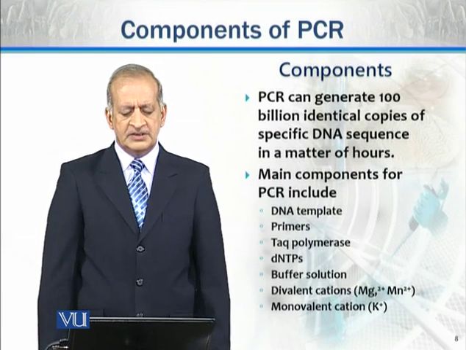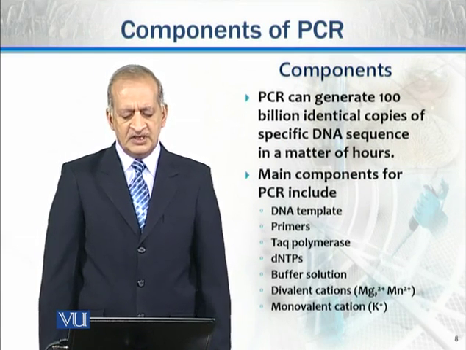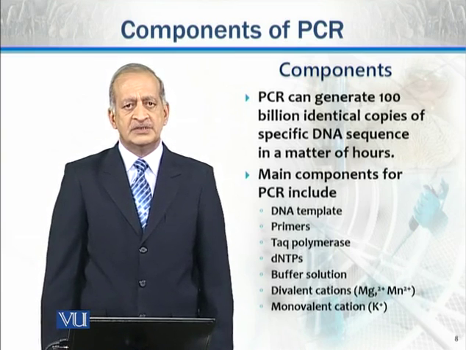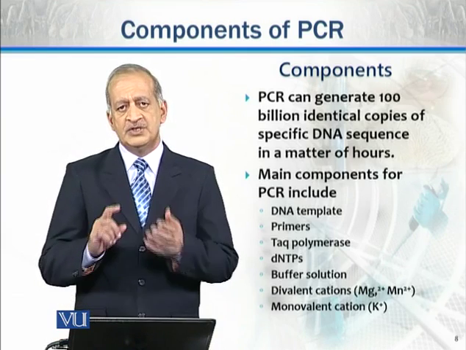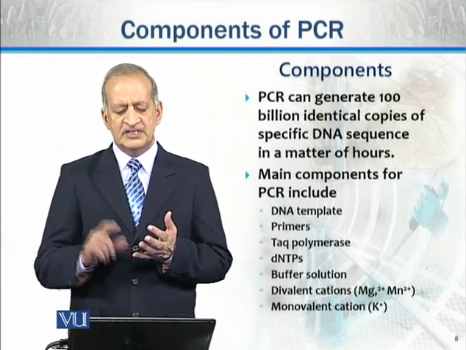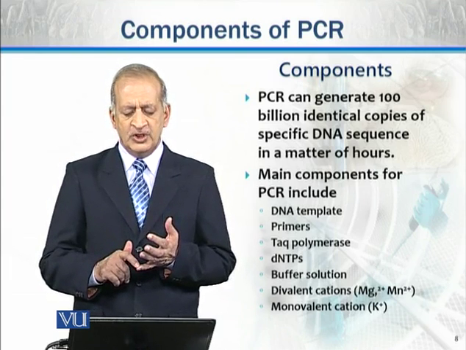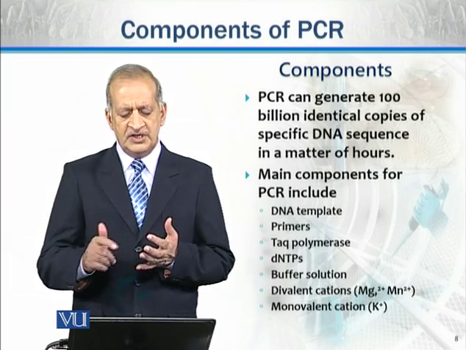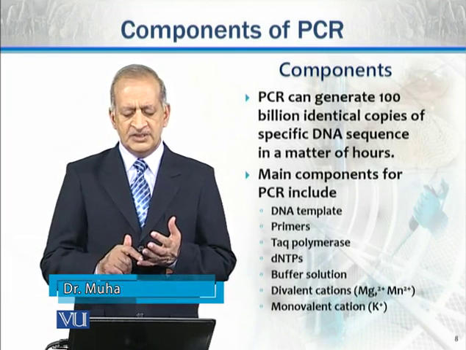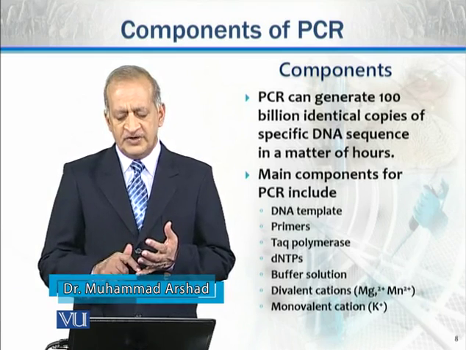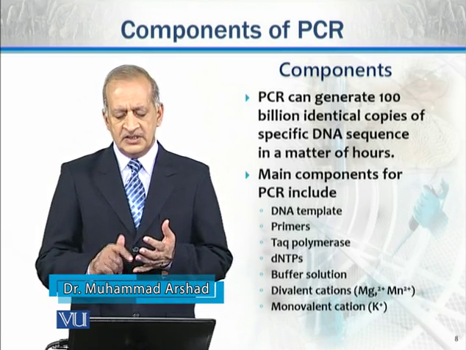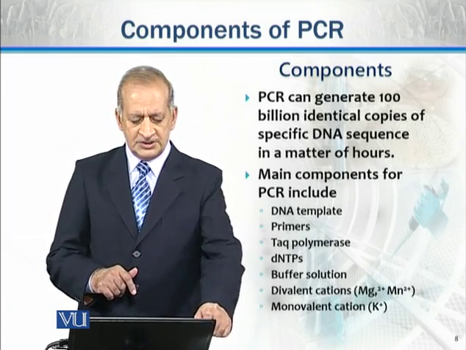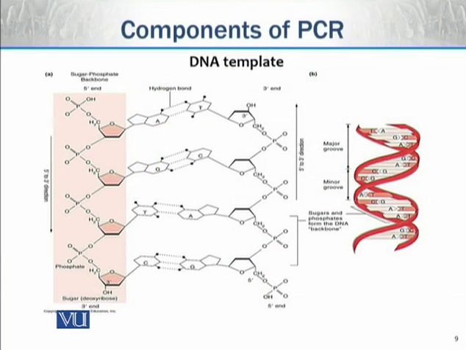The main components in PCR include the DNA template, the sequence of DNA which is to be copied; primers, specific sequences of DNA which attach to the DNA template at a specific site; enzymes, Taq polymerase; then new nucleotides, which are dNTPs, which are required; different buffers; and different cations, for example, magnesium, manganese, and potassium ions.